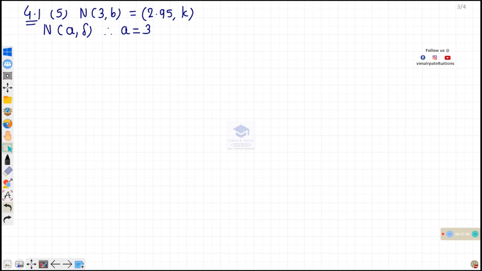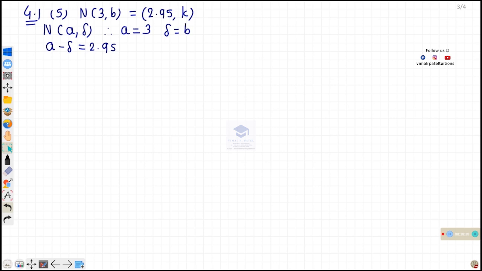This is given in interval form, where A minus delta is 2.95. This is neighborhood form and this is interval form, both must be equal. If we compare this, then N is equal to A and delta is equal to b.